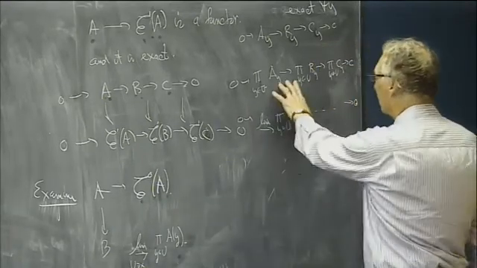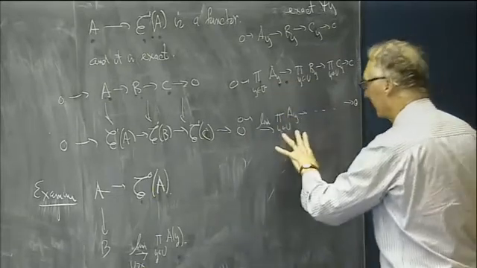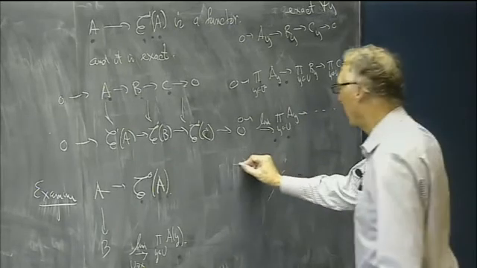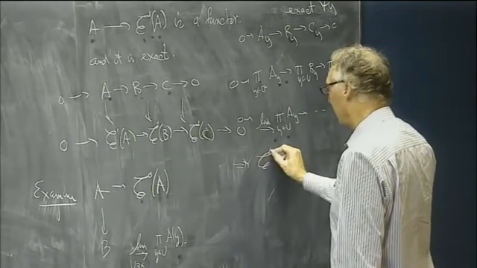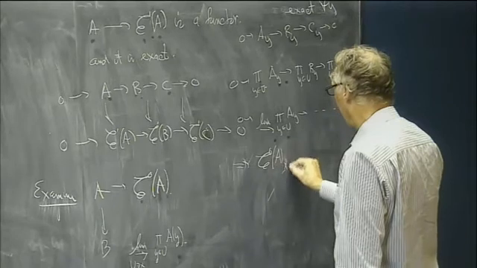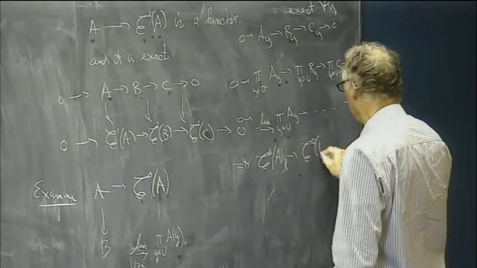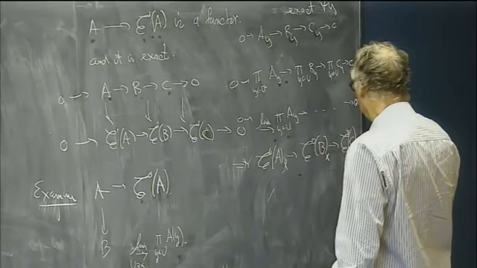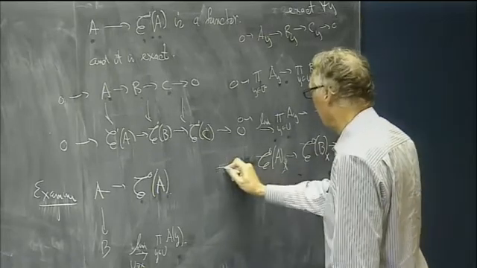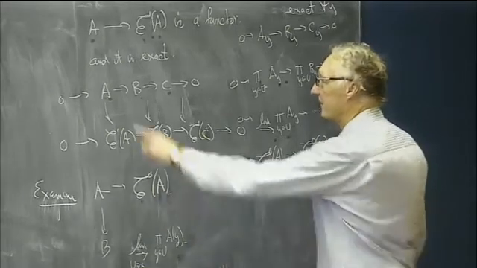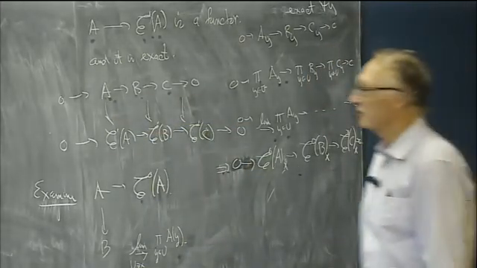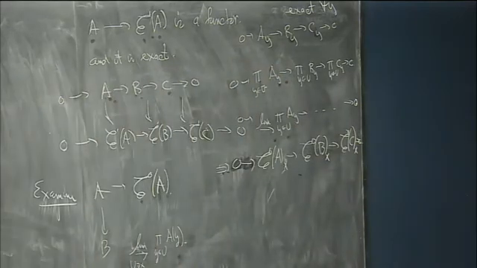So products of short exact sequences are short exact, and direct limits of short exact sequences are short exact. So that implies that C naught A at X into C naught B at X into C naught C at X makes a short exact sequence, given that we started with a short exact sequence. Okay? So that shows you the first step in the construction is functorial and is exact.